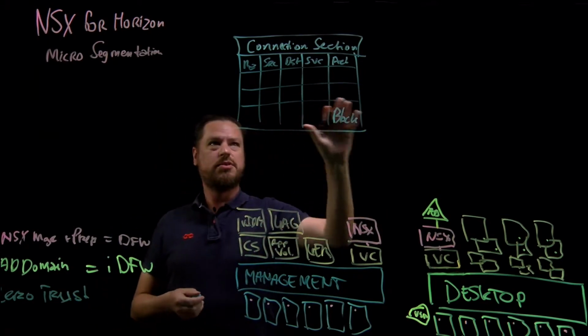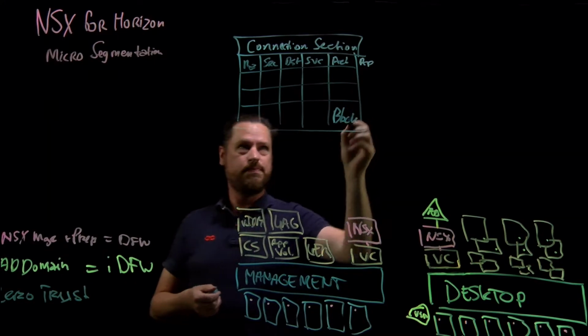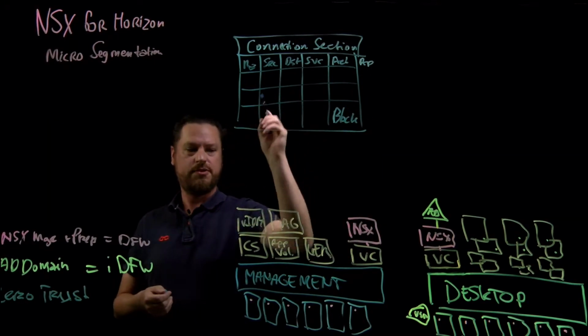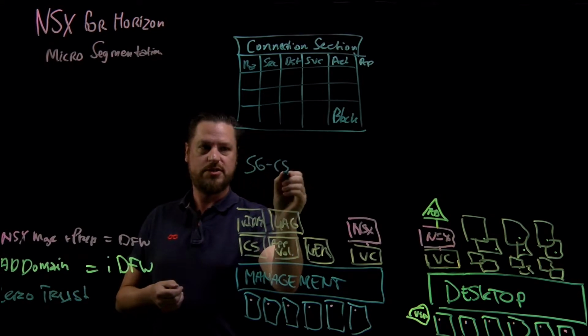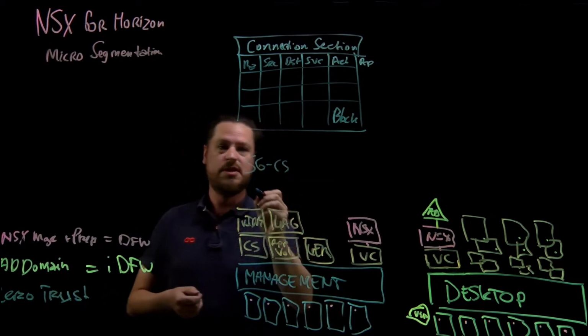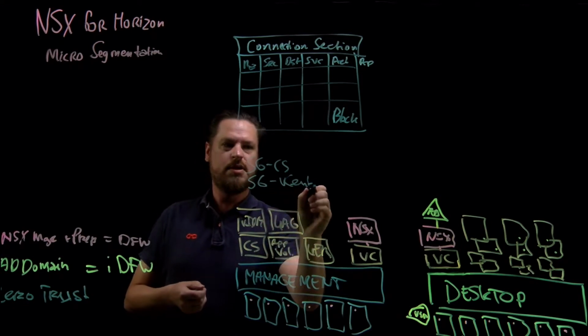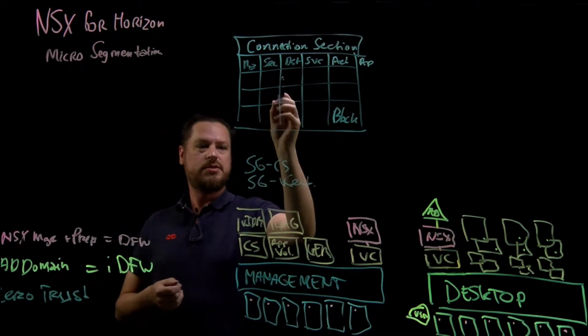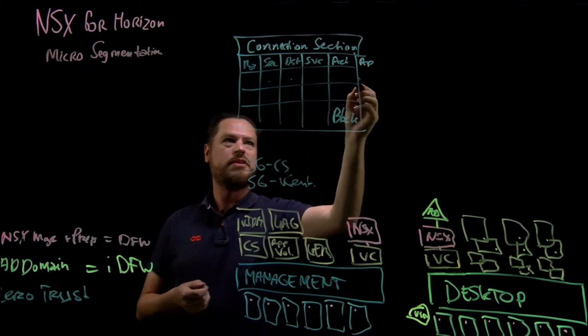Another item that's not in the list, that is you can also apply to certain groups. So if you have, for example, a security group made up of connection servers that need to interact with a security group made of vCenters, you put that into the source, destination, or whatever direction, and you also put it into apply to.